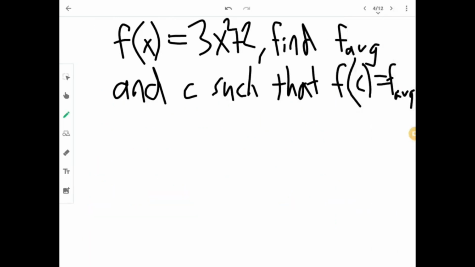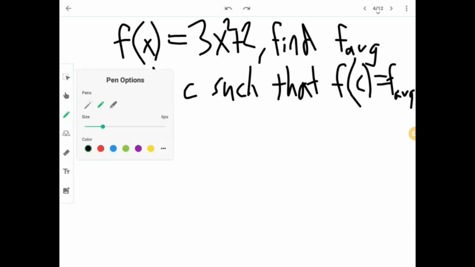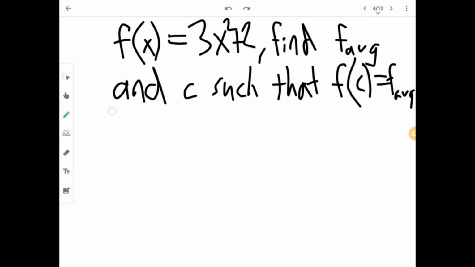So here we have an example. f of x equals 3x squared plus 2. Find f average. So the integral, and they have to give a parameter, like an interval. Let's say from 0 to 3, like last time.